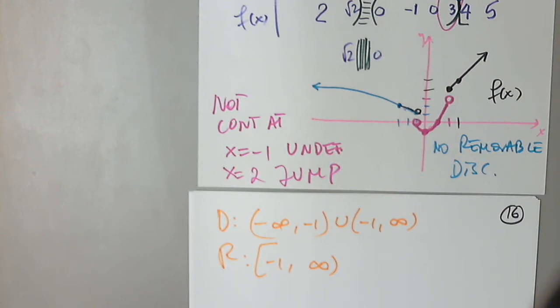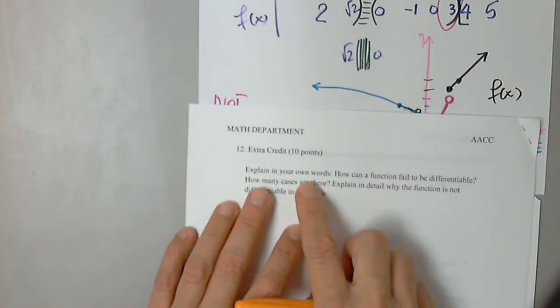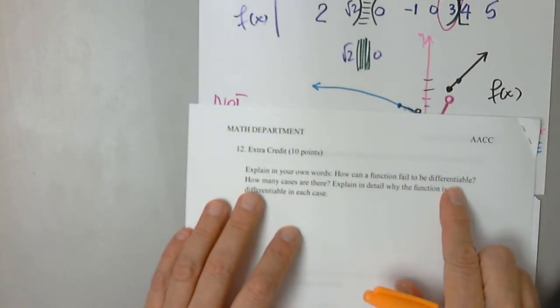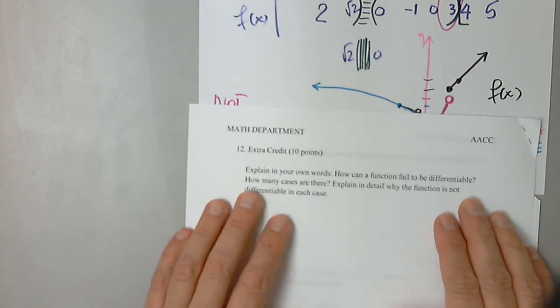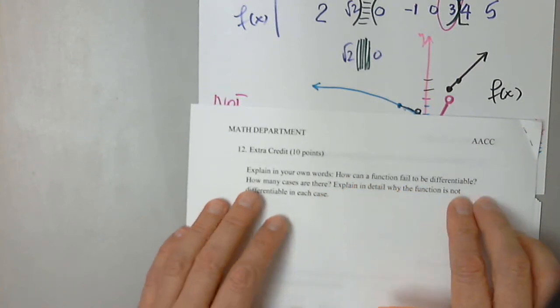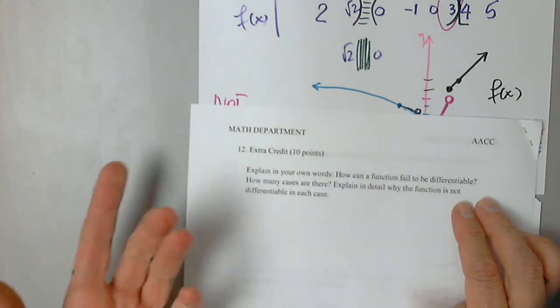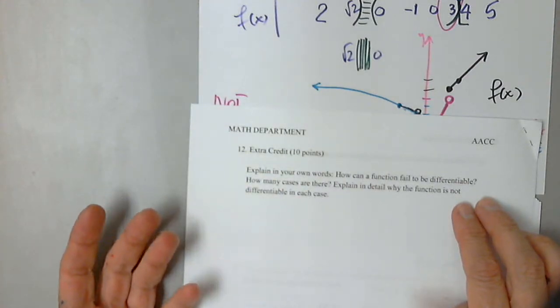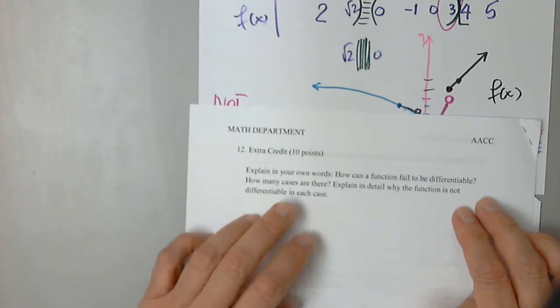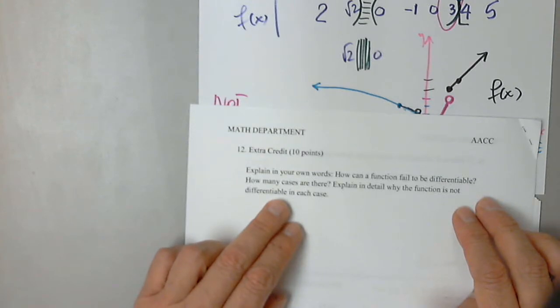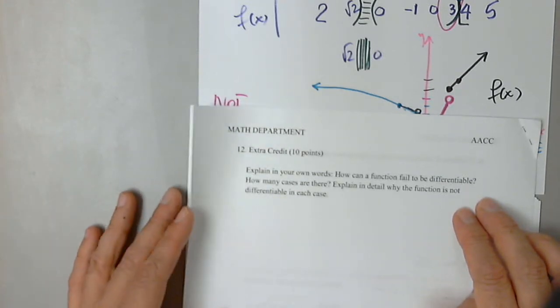Is there anything else from this test? I think the only thing left is number 12. Okay. In number 12, what I wanted you to present is that the function fails to be differentiable if it's not continuous, if it has a cusp or a corner, or if it has a vertical tangent.